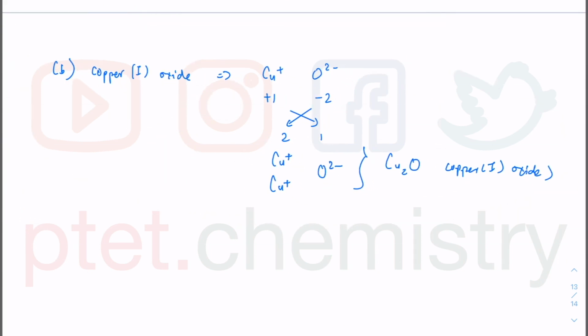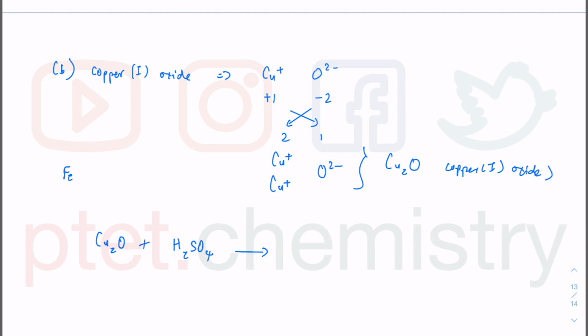So what do we have here? We have copper 1 oxide, Cu2O, reacting with H2SO4, which is sulfuric acid. You get a blue solution. By the way, this is actually a brick red precipitate, because this is the precipitate that you get when Fehling reagent reacts with aldehyde.